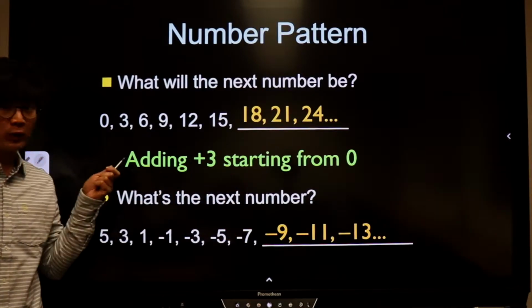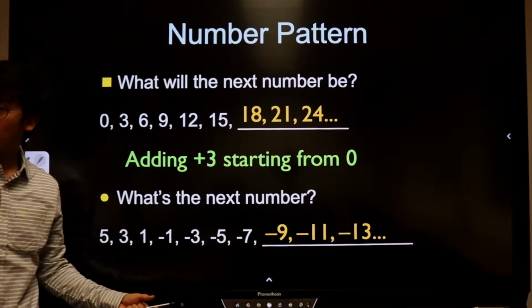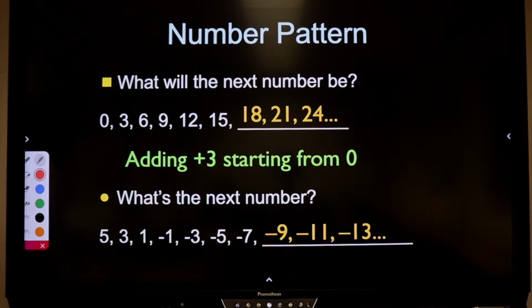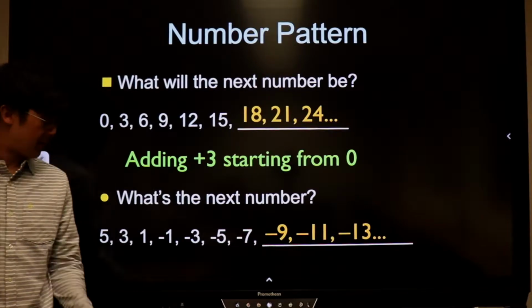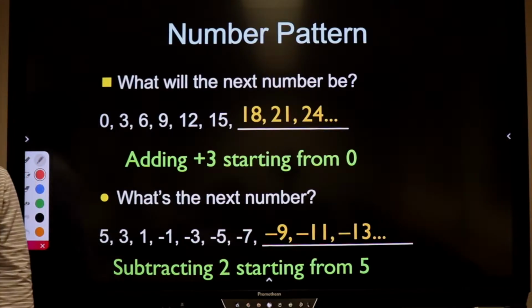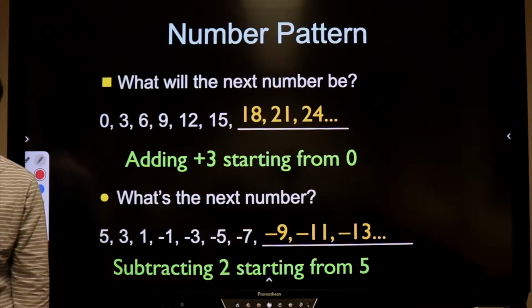Just like how we did on the first set, how are you going to write your description on the second set? -2 starting with 5. And to make it more descriptive, it's basically subtracting 2 starting from 5, right?